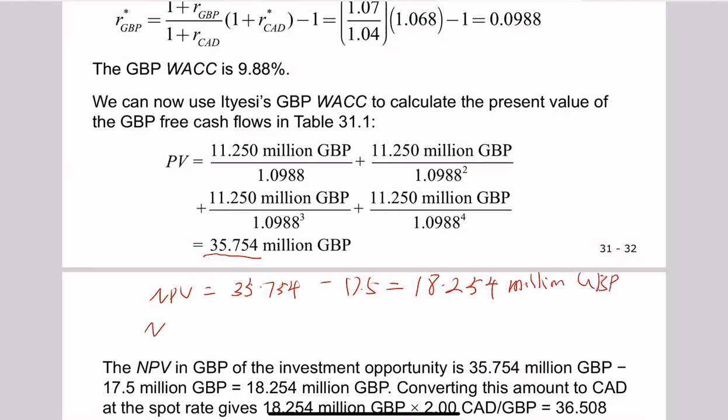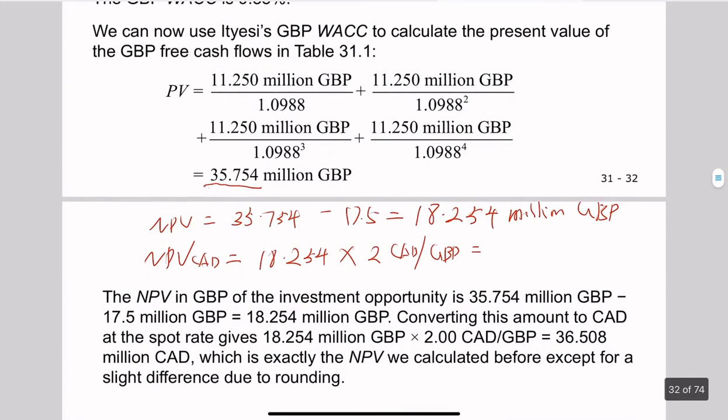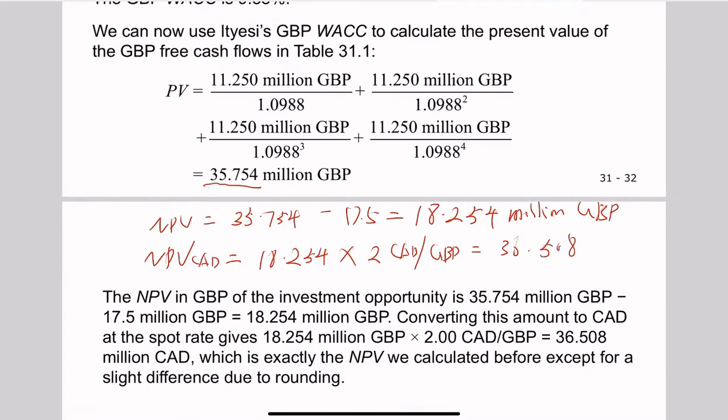And then we have to convert this net present value into Canadian dollars using the spot exchange rate. So 18.254 times, the spot exchange rate is 2 CAD per GBP. So this would give us 36.508.